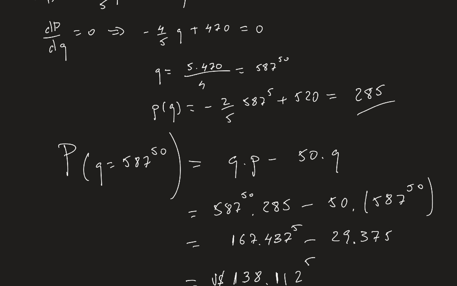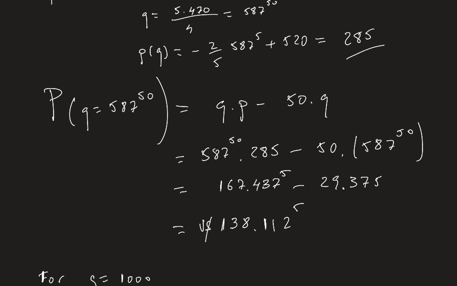It would be Q times P, 587.5 times 285, minus 50 times Q, minus the cost. The revenue, Q times P, minus the cost, 50Q. If you make the numbers, you will find that you have as a profit 138,112.